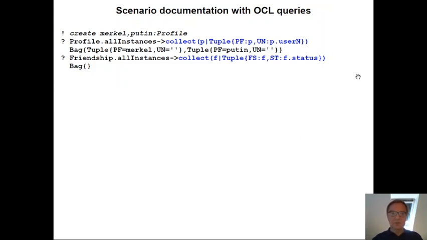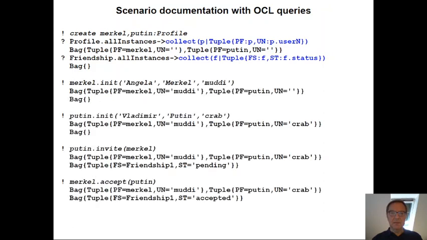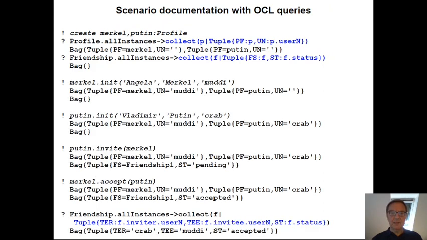So just to give you an overview, what we will see, I will directly show you everything what is available in this scenario. The scenario documentation with queries is just a textual representation, and everything that is done here in the textual form you will find it on the use shell. And that's the main message here.